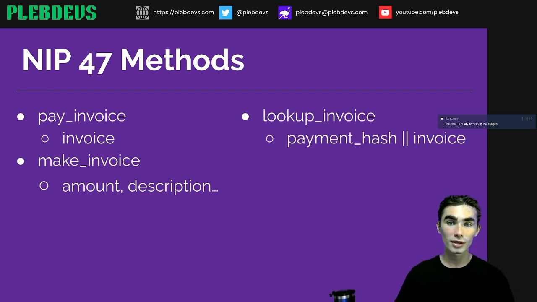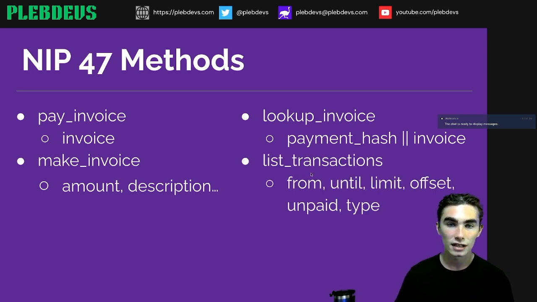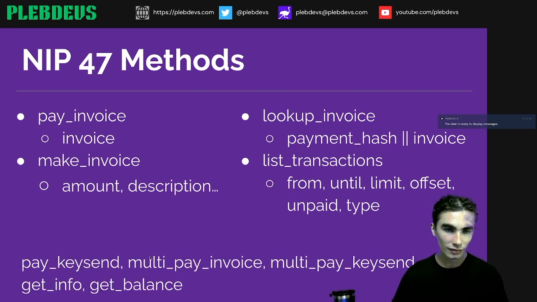You can look up invoices by their payment hash or by the invoice itself. And you can list transactions, and it takes a set of filters here. So you could say, I only want transactions from 10 minutes ago, for example. And there's a bunch of other ones. Most interesting, there's multi-pay invoice and multi-pay keysend. With these, you're able to send one request and pay multiple invoices.